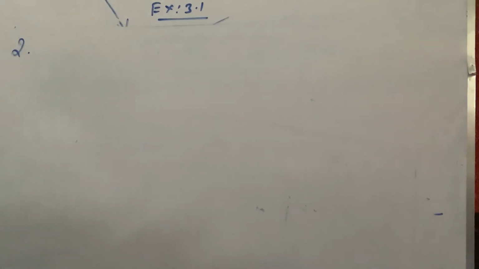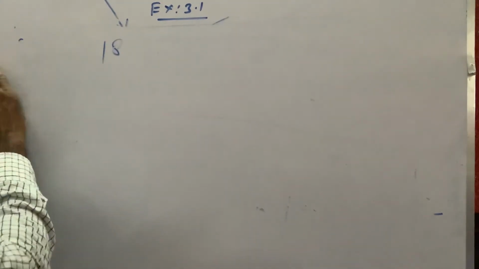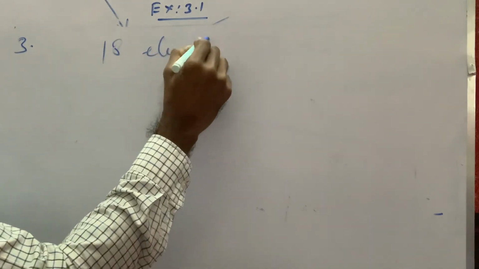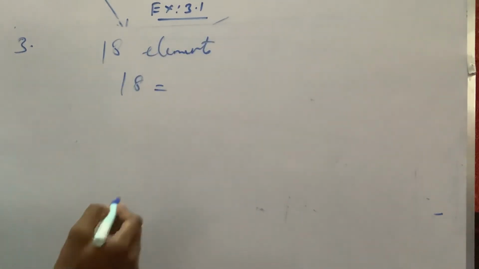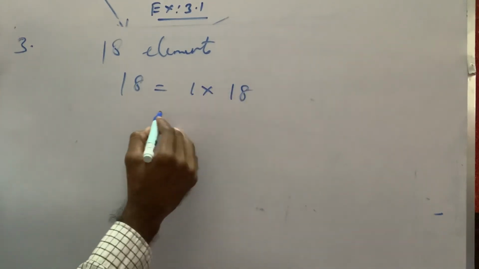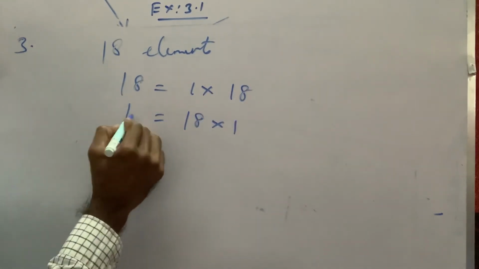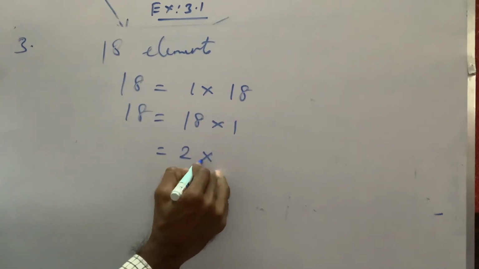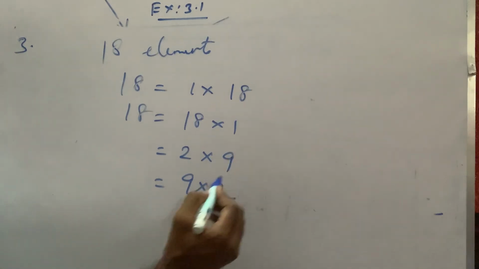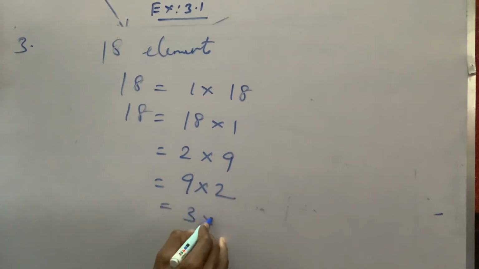If a matrix has 18 elements, what are the possible orders it can have? So what do you have to do now? Find out all the possibilities. 18, so 1 into 18, or 18 into 1. It can have 2 into 9, or 9 into 2, and it can be 3 into 6, or 6 into 3.